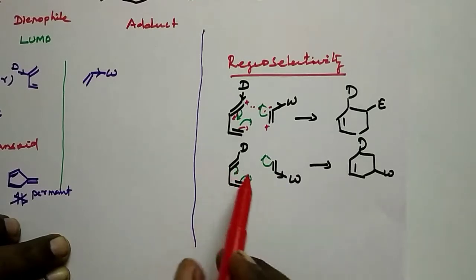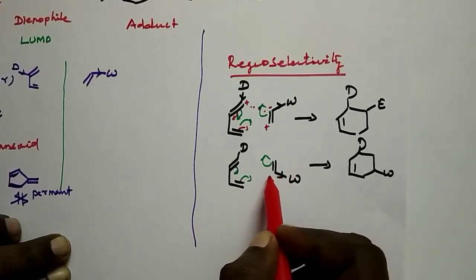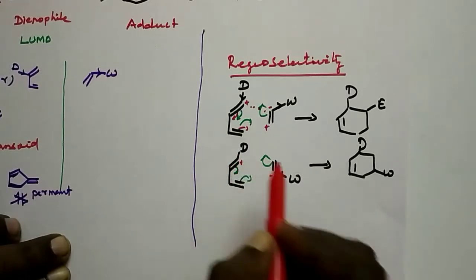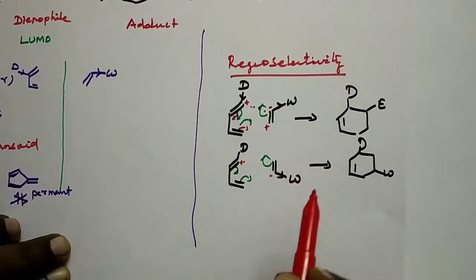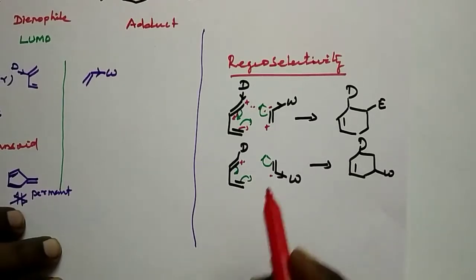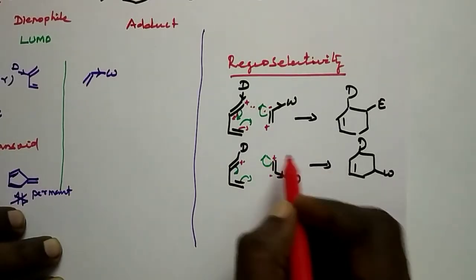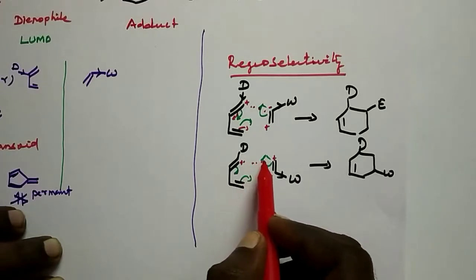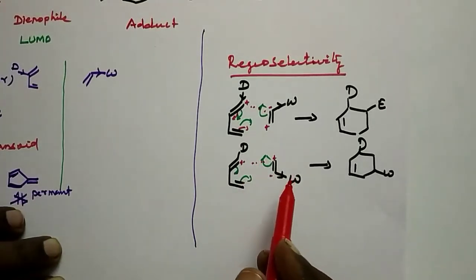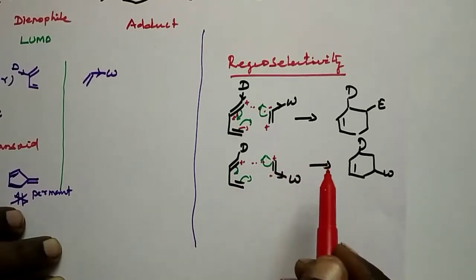Okay? But here you see, near the electron withdrawing group I will get negative charge, and here positive charge. So positive to positive is not possible. Up to same charges, bond formation is not possible. So hope you understand.